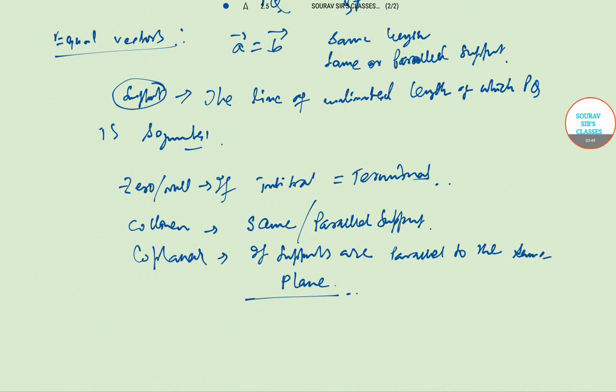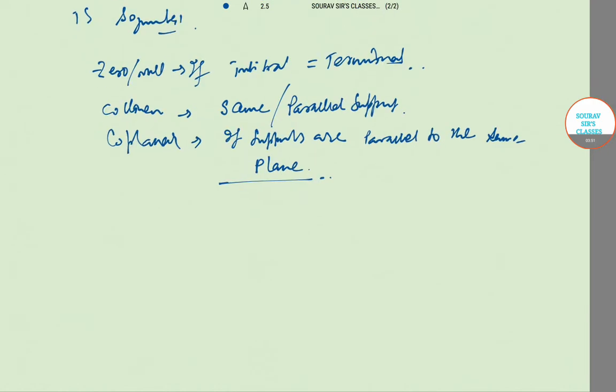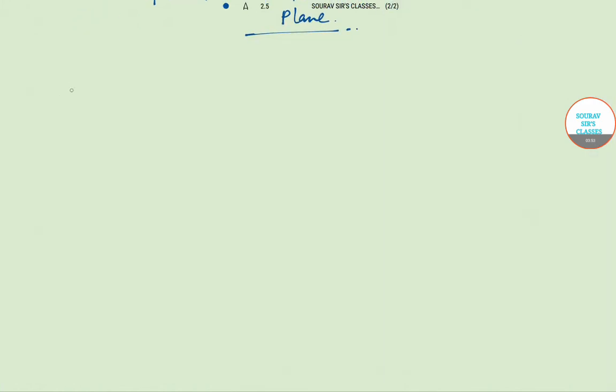Now, the negative of a vector. The negative of a vector means the vector which has the same magnitude as the given vector A, but the opposite direction. Same magnitude but opposite direction, that's called a negative vector. We are going to call it like this.